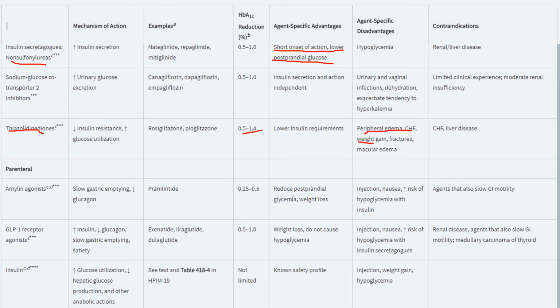They can cause weight gain. You don't want to use them in CHF patients. And then we have some parenteral agents here. These are used a little bit less often. And you can see their safety profiles until we get down to insulin.